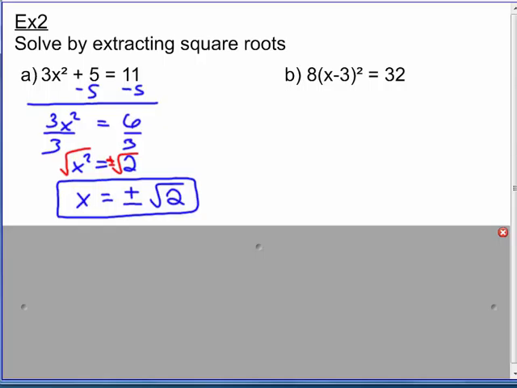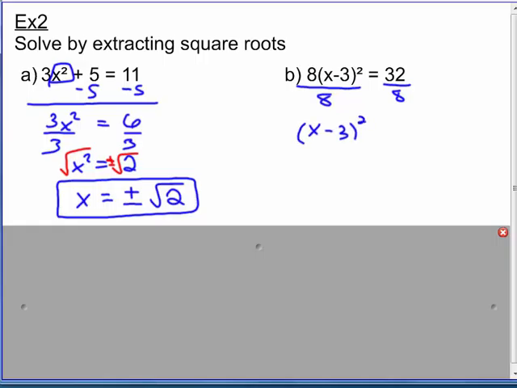Looking at B, so in B we have 8 times something that is squared equals 32. Same idea here, get the squared part alone, just like we did in part A here. So in order to get the squared part alone, I need to get rid of the 8. It's 8 times that, so I'm going to divide each side by 8.